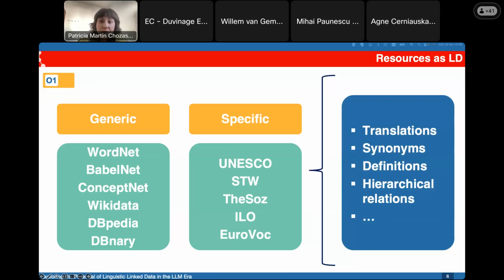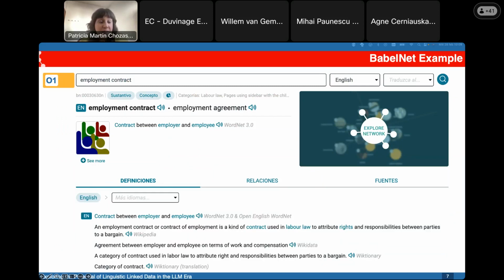Let's have a look at an example from BabelNet of what an entry in a resource published as linked data looks like. Here, for instance, we have the employment contract concept. It has a definition attached: contract between employer and employee. Inside this definition, we have the main components of what a contract is: contract, employer, and employee.